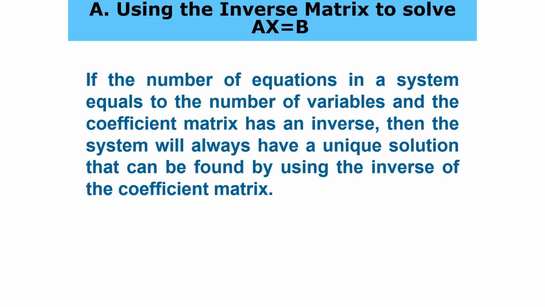In this part, we will learn to use the inverse matrix to solve AX = B. If the number of equations in a system equals the number of variables and the coefficient matrix has an inverse, then the system will always have a unique solution that can be found by using the inverse of the coefficient matrix.